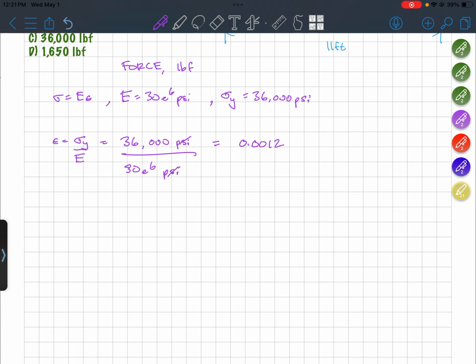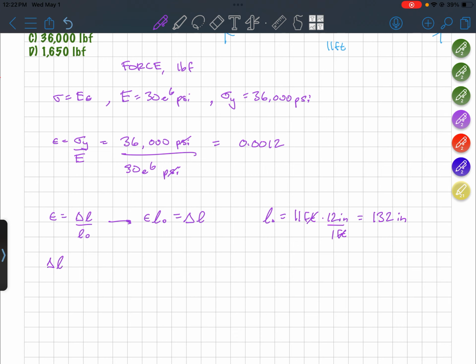That's dimensionless. Now I'm going to write another strain equation, delta L over original length, and rewrite it in terms of change in length. Then I'm going to quickly convert my original length from feet to inches. 12 inches per 1 foot. Feet cancel, gives me 132 inches.